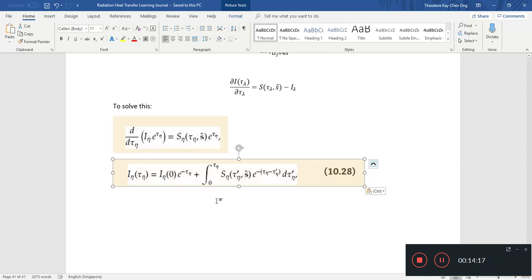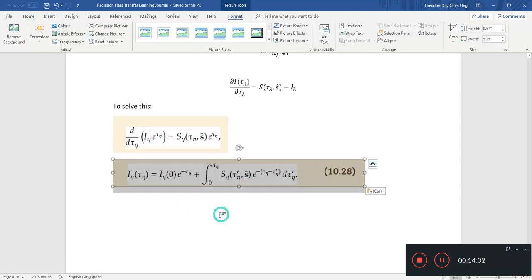In this case, it's tau eta because they're using the wave number, and then you divide throughout by this exponential of tau lambda, or tau eta in this case. Then you get this equation.